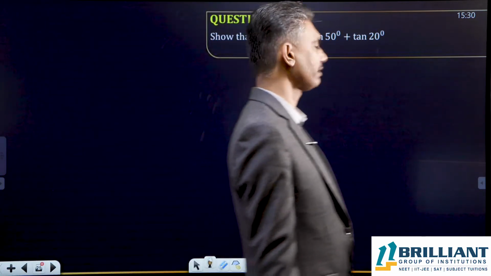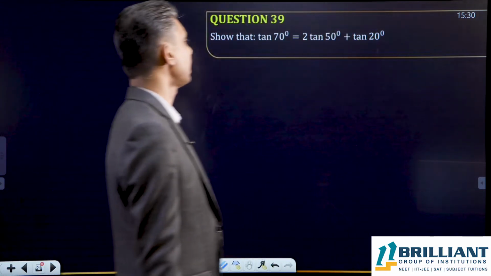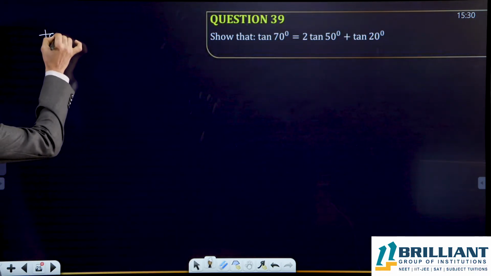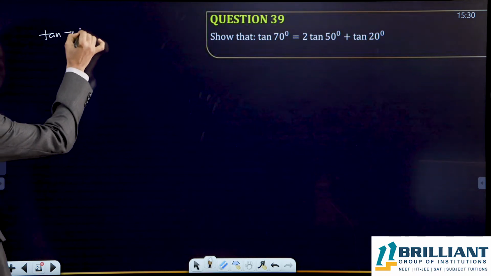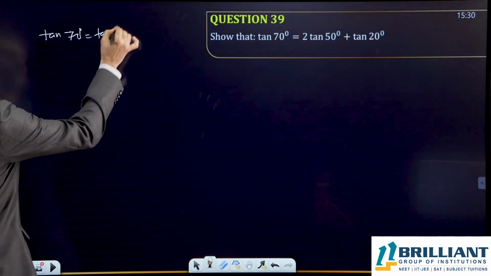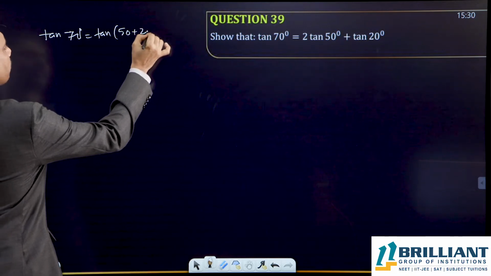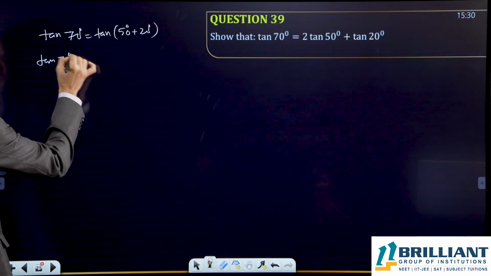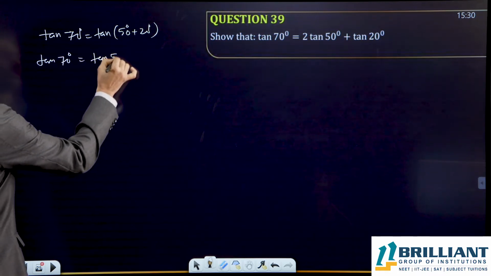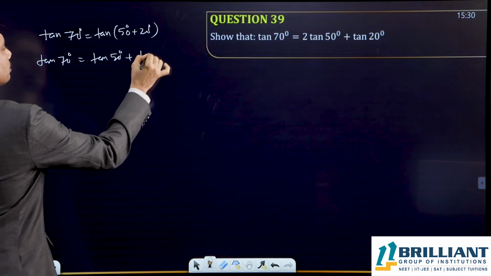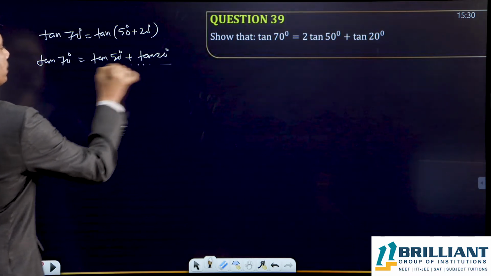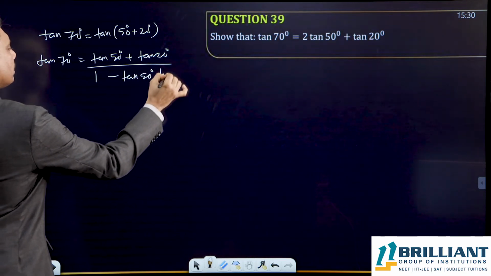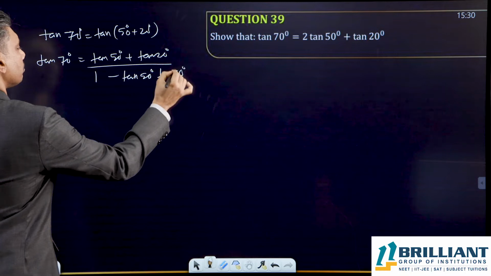Show that tan 70 degree is equal to 2 tan 50 degree plus tan 20 degree. So see, tan 70 degree is equal to tan of 50 degree plus 20 degree. That is tan 70 degree is equal to tan 50 plus tan 20 by 1 minus tan 50 into tan 20.